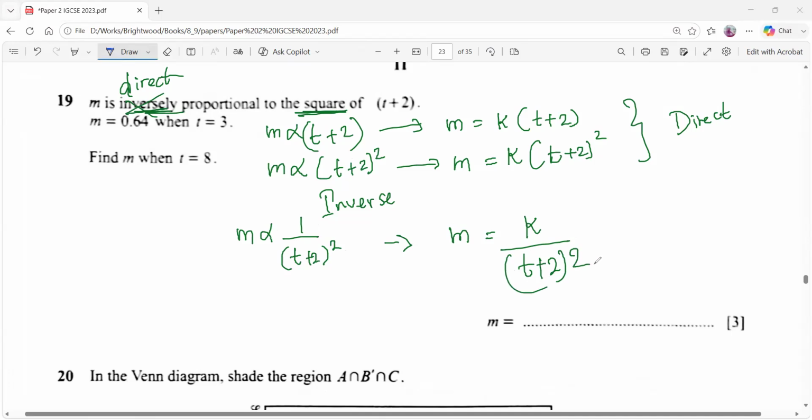Is that clear? m equals k over t plus 2 squared. First of all, write this if you want: here for direct proportion, here for inverse proportion.